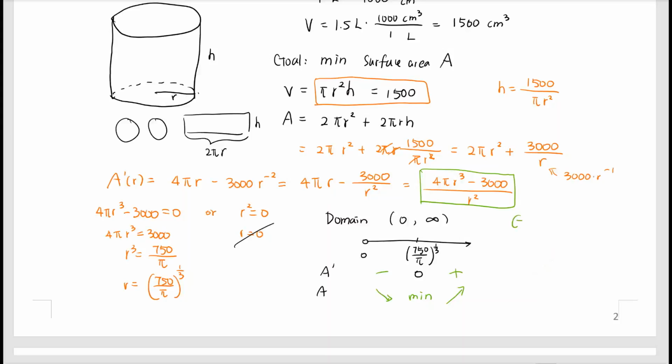So that's why we get minimized surface area when my r is 750 over pi to the 1/3. Because it's asking for dimensions, you also need to find the h. h is 1500 over pi r squared. r is this guy, 750 over pi to the 1/3, so r squared becomes to the 2/3. Okay, so you can just leave your answer like that, or you can put this in your calculator.